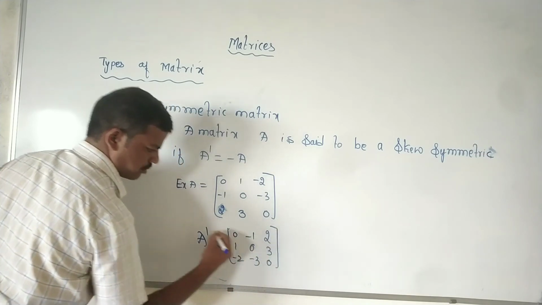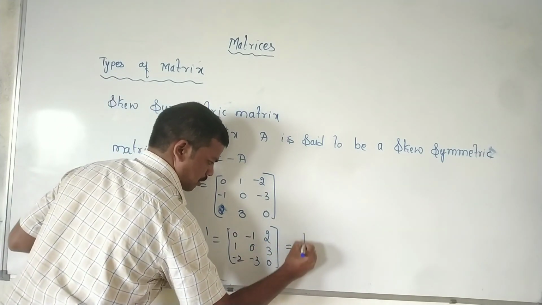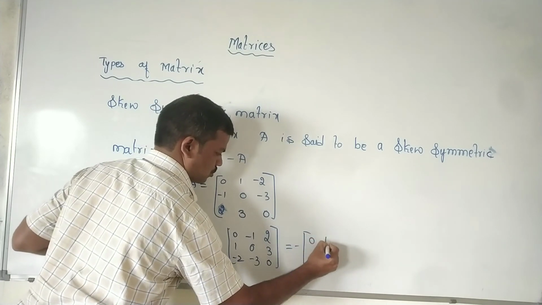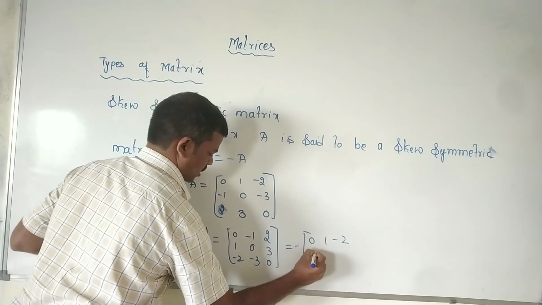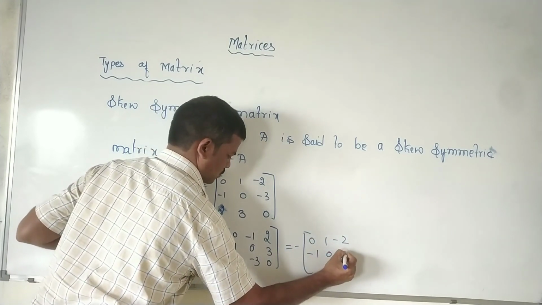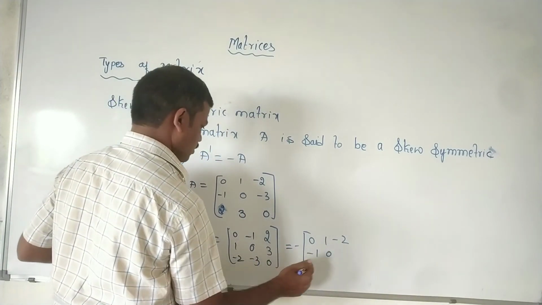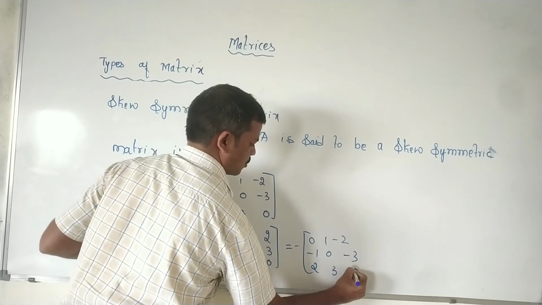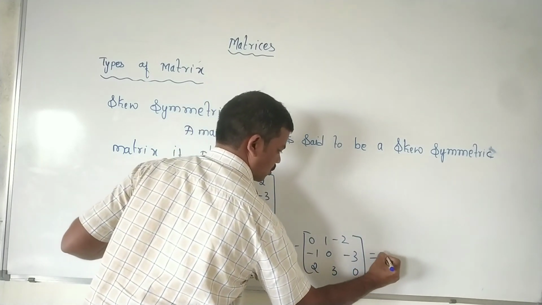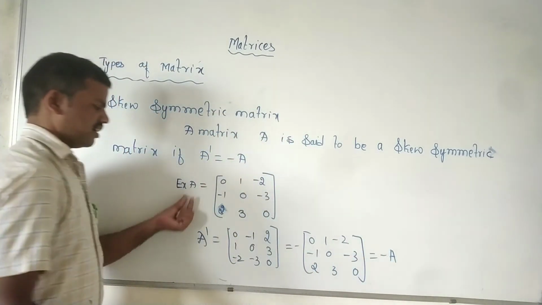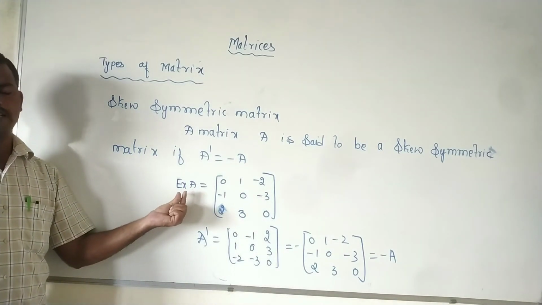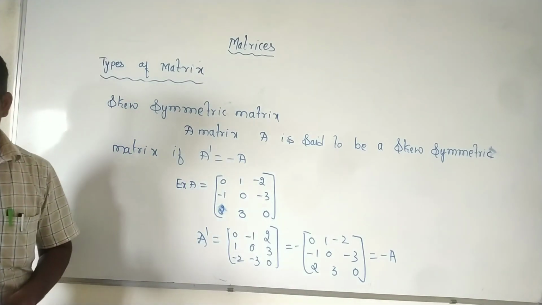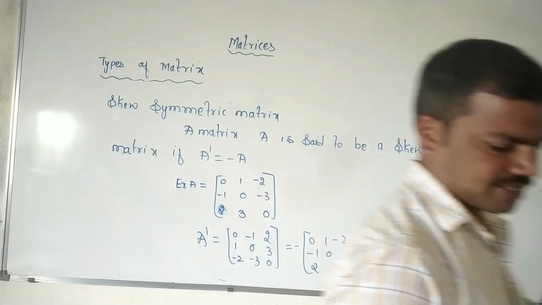If you transpose it, A transpose will be, transpose means rows become columns: 0 -1 2, 1 0 -3, -2 3 0. Now take minus common: minus of 0 1 -2, -1 0 3, 2 -3 0, which is equal to minus A. Then it is called a skew symmetric matrix.